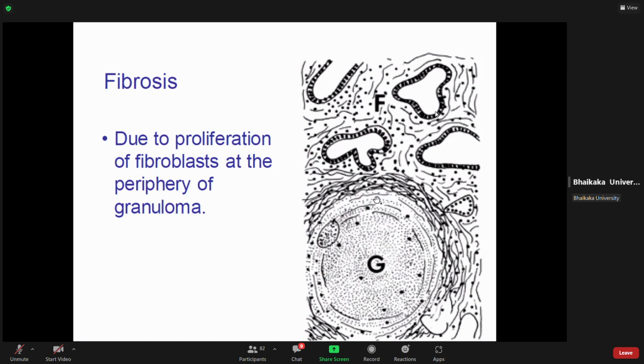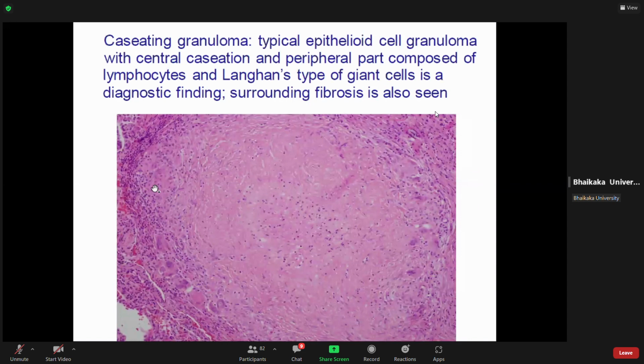We can see this one is a label, and blood vessels, all surrounding the granuloma, are fibrotic tissue. So fibrosis here is due to proliferation of fibroblasts at the periphery of granuloma. Similarly, a stain slide. Now you can see dot colored blue.